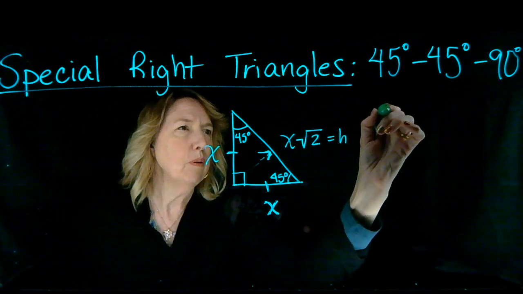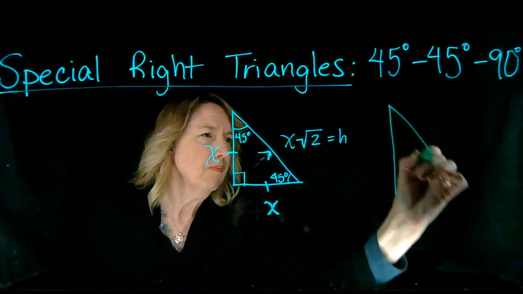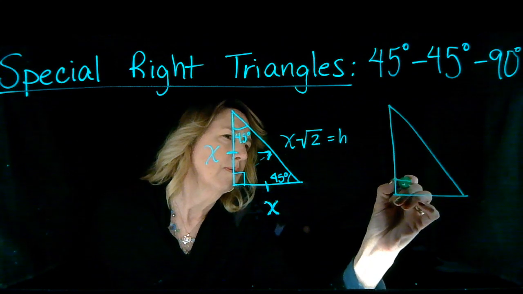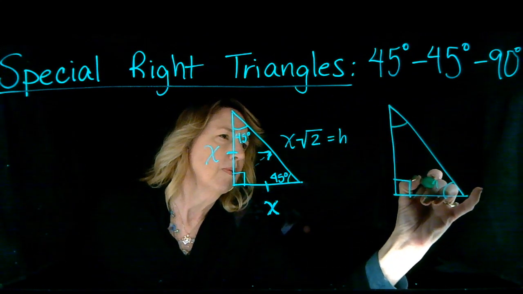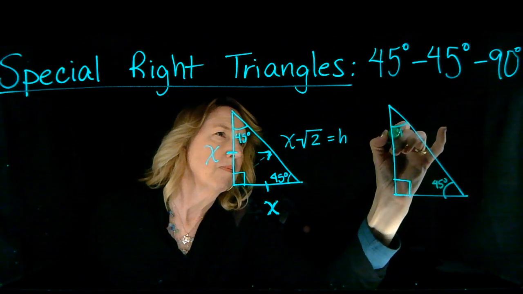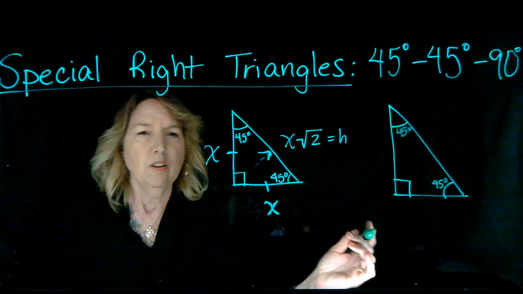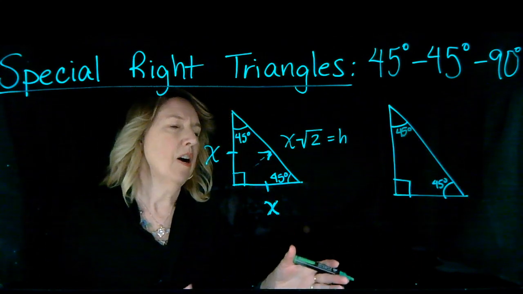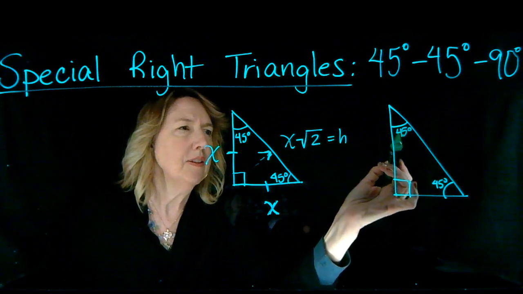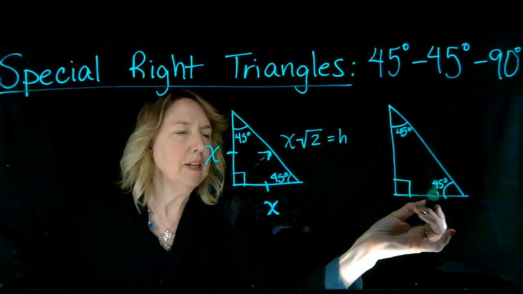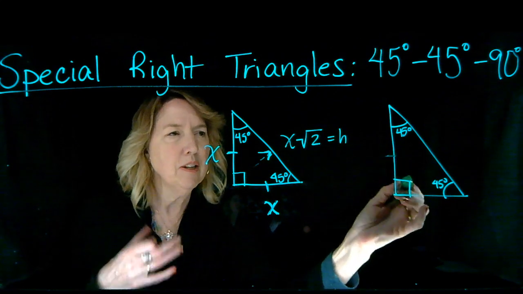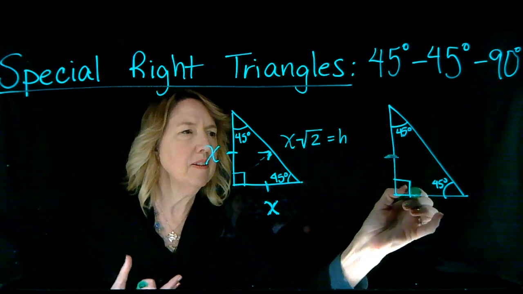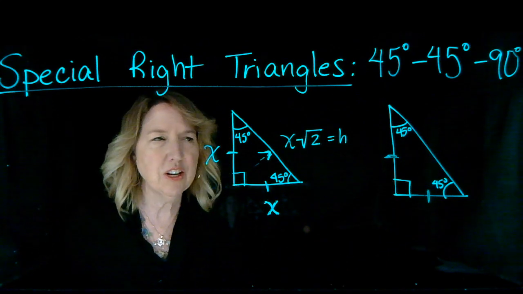Here's what it looks like with numbers. All right, it's obviously not drawn to scale, but because these angles are 45 degrees, we have to admit or assume or accept that these sides are equal to each other, okay?